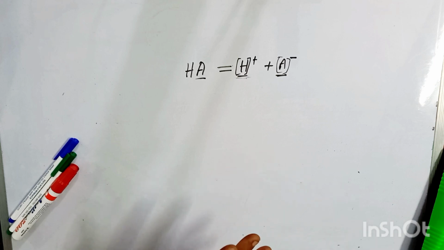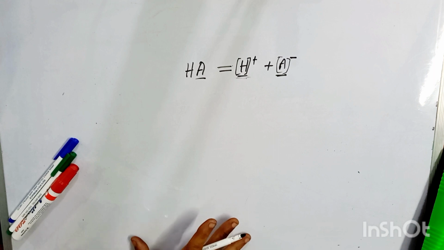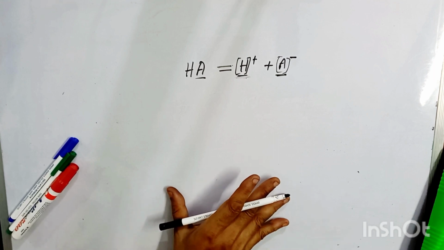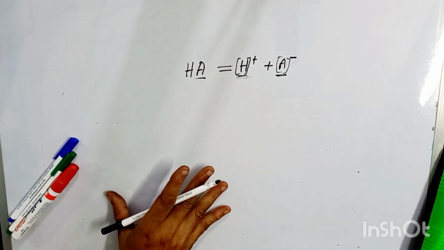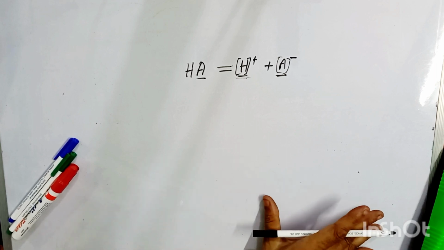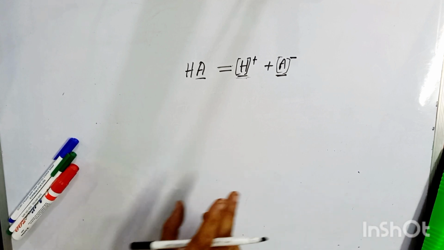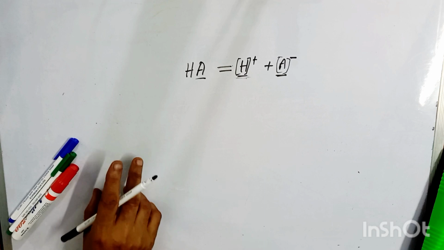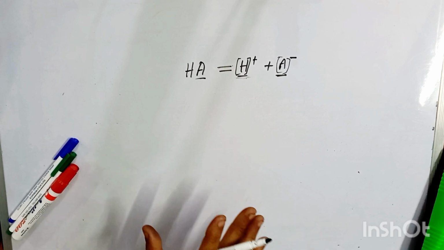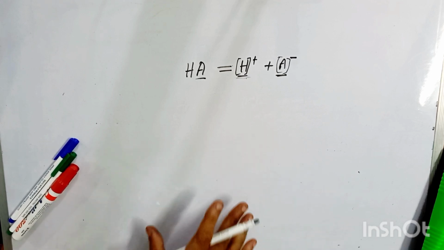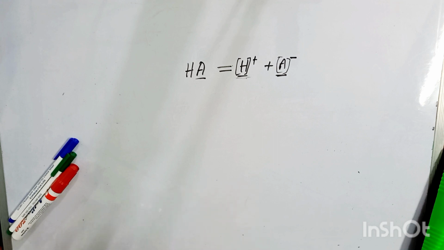You have to stop this change. These buffers stop the change in pH. If the pH goes up from 7.4 to something like 8, 9, or the pH goes down from 7 to something like 5, 4, these buffers will come into play and somehow lower the pH differences.